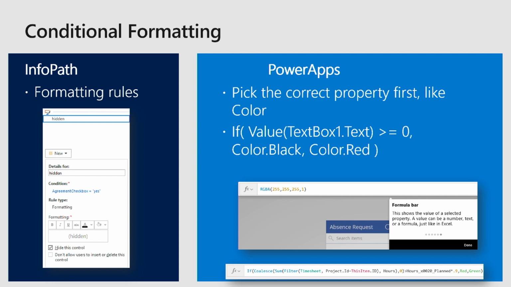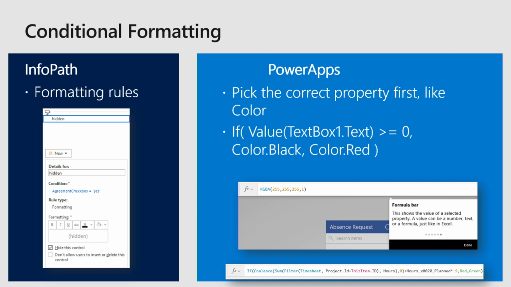But to do conditional formatting and any kind of logic, you can use this if statement. So in this case, I have if the sum of this is basically greater than a certain number, then show it in red, otherwise show it in green. So that's going to dictate what the color of a certain text box is.